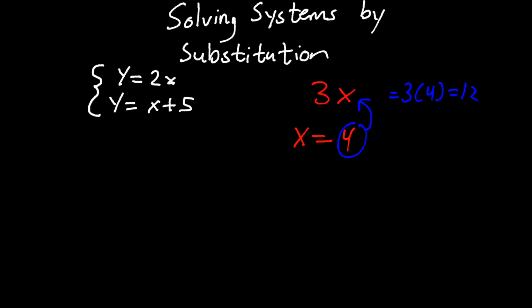We're going to be doing something very similar with our systems of equations today, using that substitution method where we know the value of one variable and we are going to plug it into the other equation. And we can do that because in systems of equations, we know that these two equations are linked together somehow.